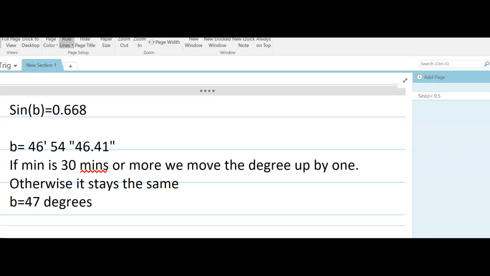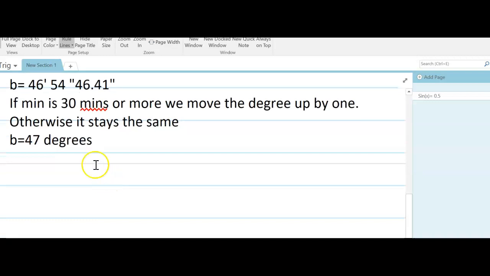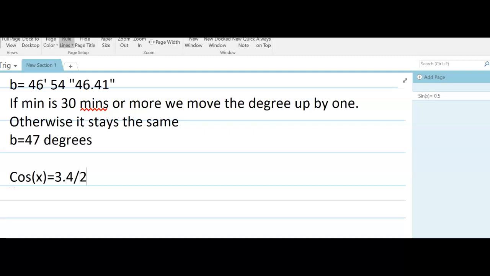Okay. All right. Okay, let's do another one where we're going to round to minutes now. So this time it might be given to you like this. Cos x is equal to 3.4 divided by 5.8.